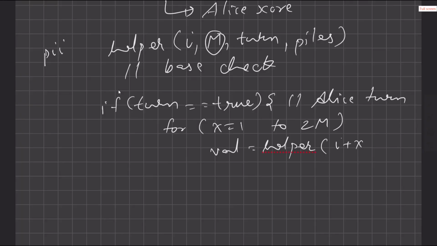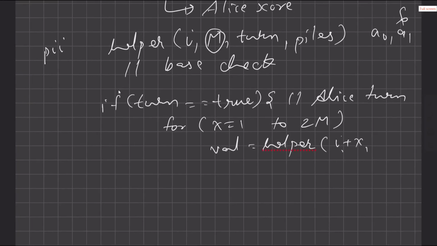Let's say i starts from 0. So she has chosen the 0th stone, and the next stone Bob is going to choose from is index 1. Here 0 plus 1 is 1, so it is correct.